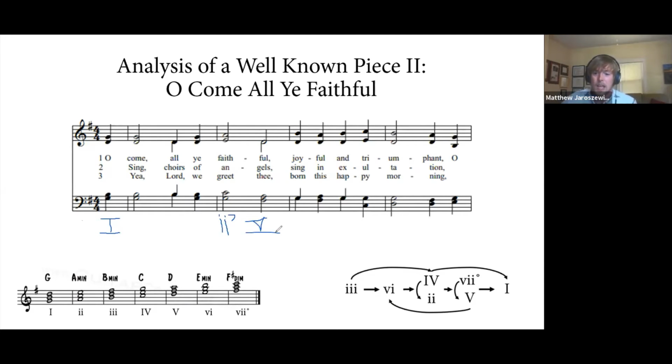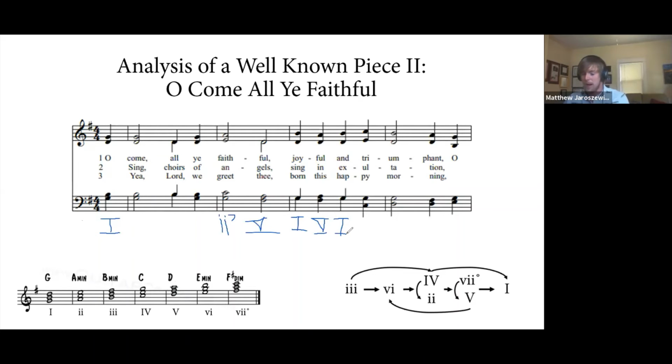Five can go either to 1 or back to 6. In this case, it goes to its usual place, back to 1. From here, just have a nice, simple 1, 5, 1.